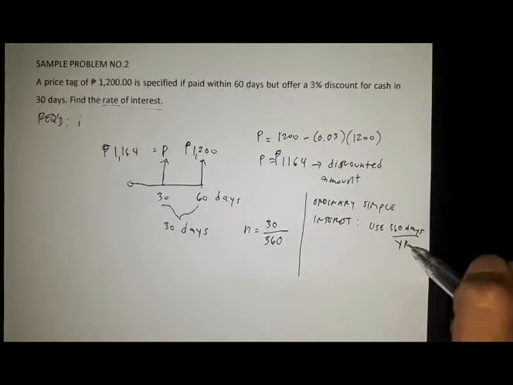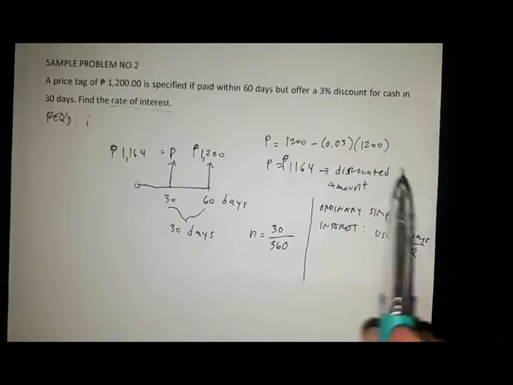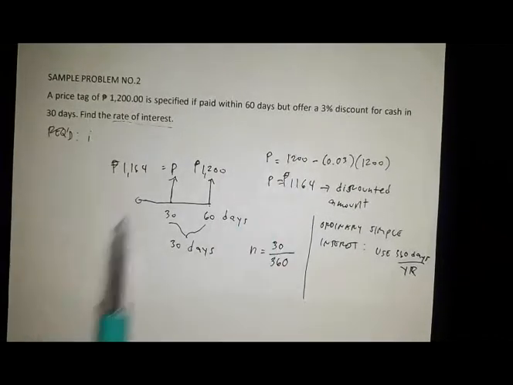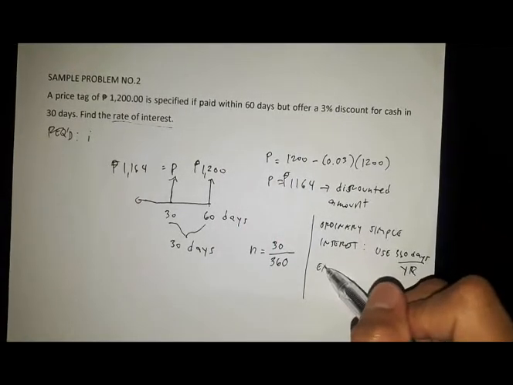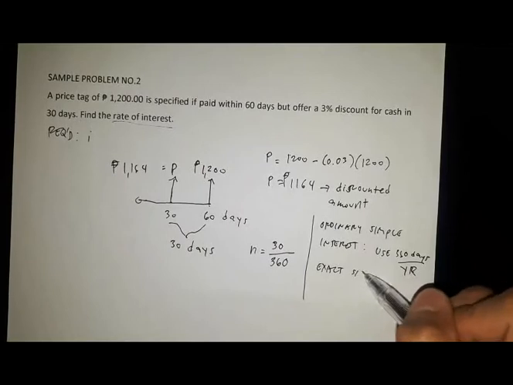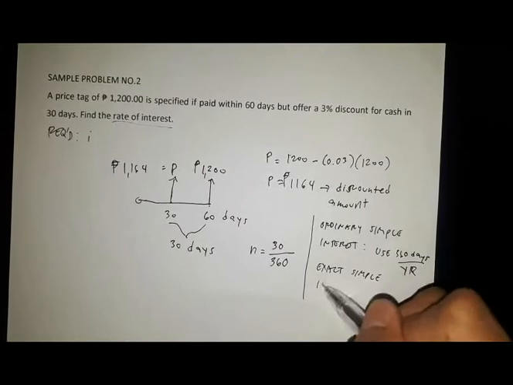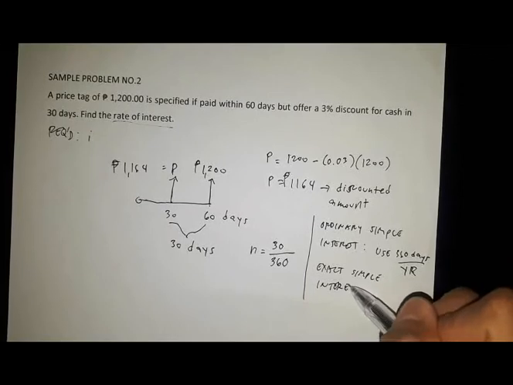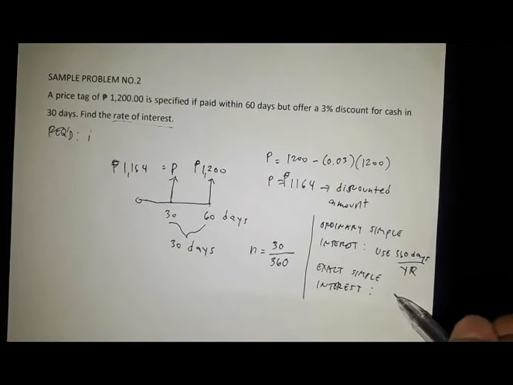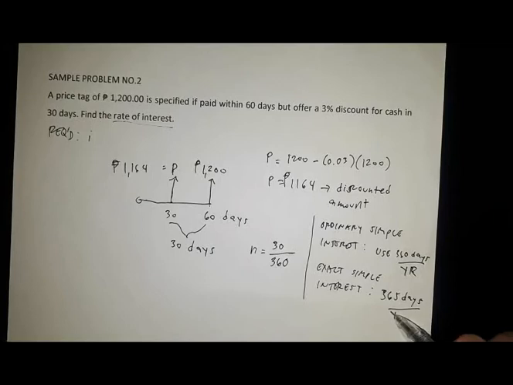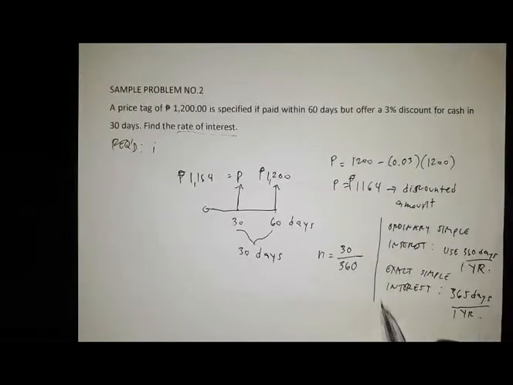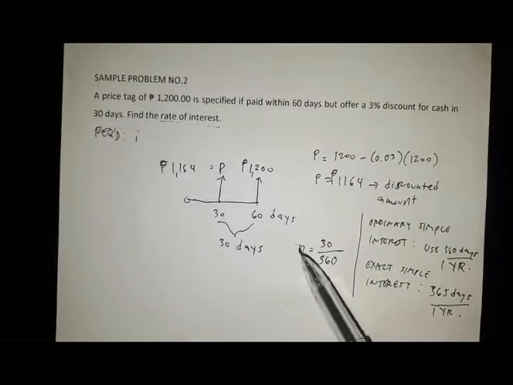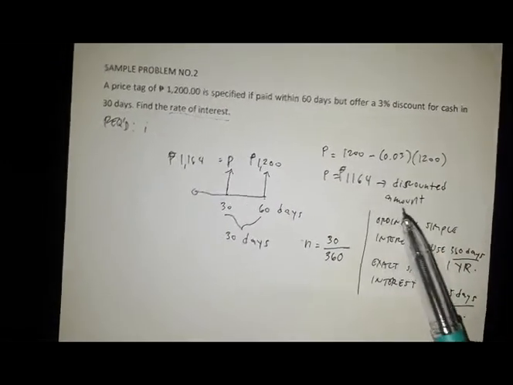On the other hand, if the dates and the year are specified, we use the exact simple interest, wherein we have 365 days for 1 year. Now this problem is a problem of ordinary simple interest.